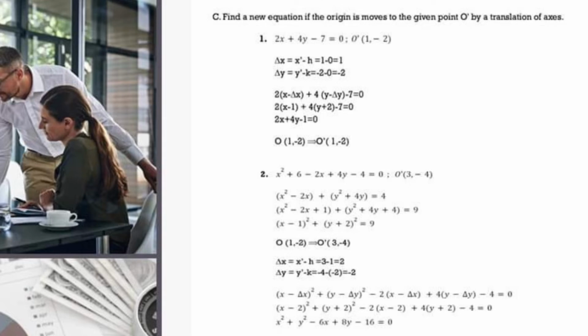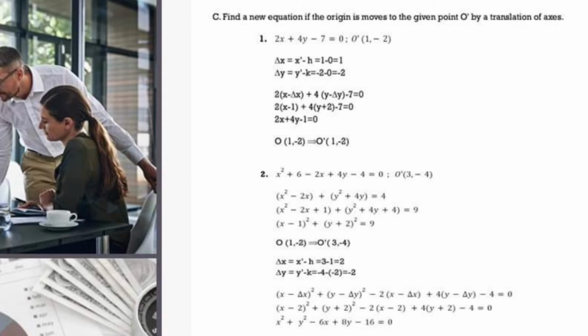Therefore, the origin is moved to the given point, which is 1 and negative 2. So that is the new equation if the origin is moved to the given point 1 and negative 2.